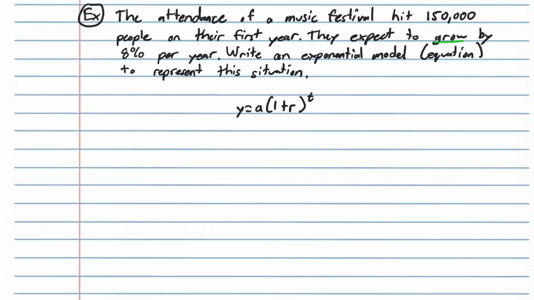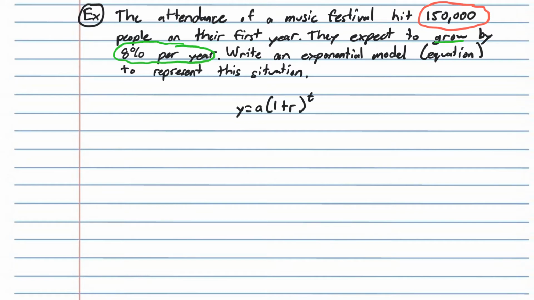Let's circle the important information here. First sentence: the attendance of a music festival hit 150,000 people. So that's probably an important number. And then they expect it to grow by 8% per year. So here's what I was talking about, where they sometimes give you a percentage.